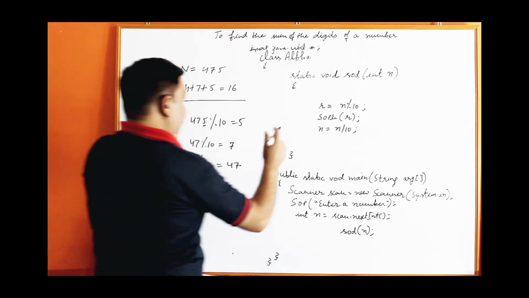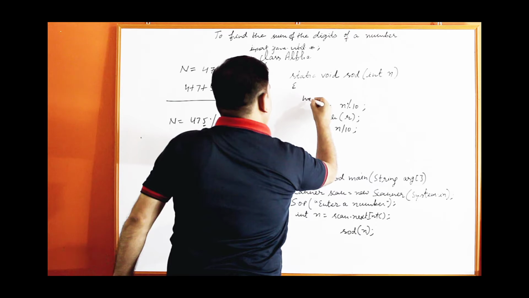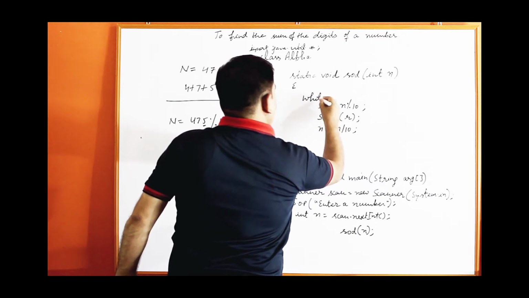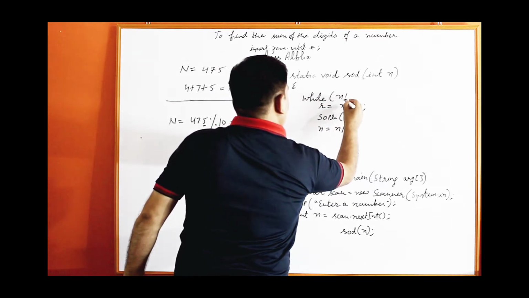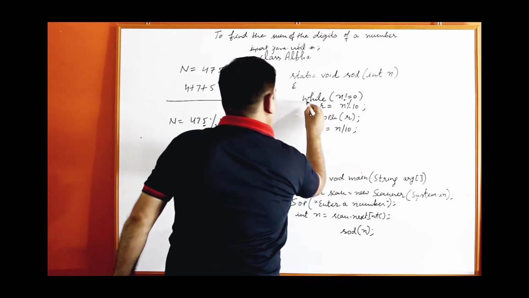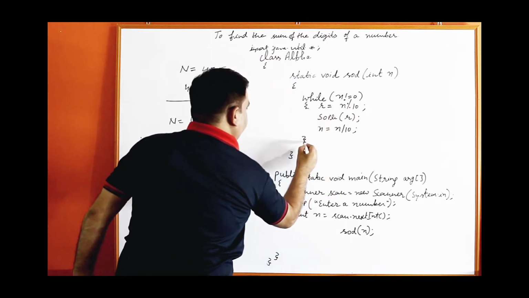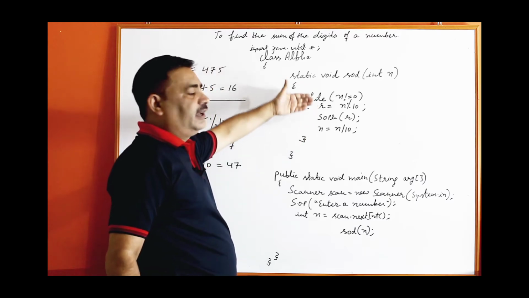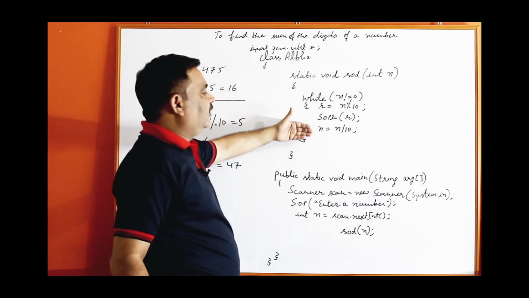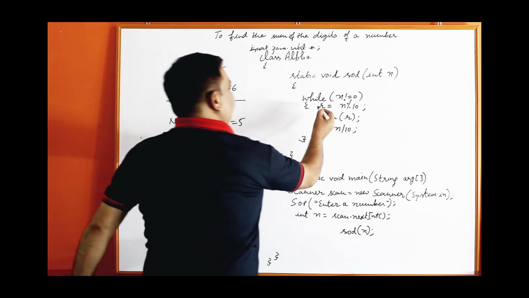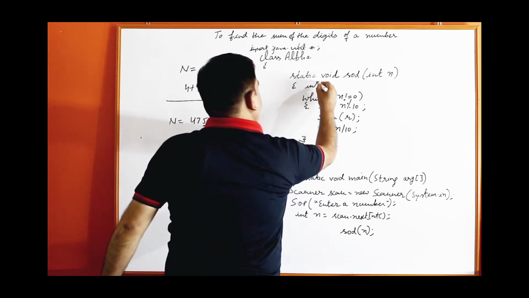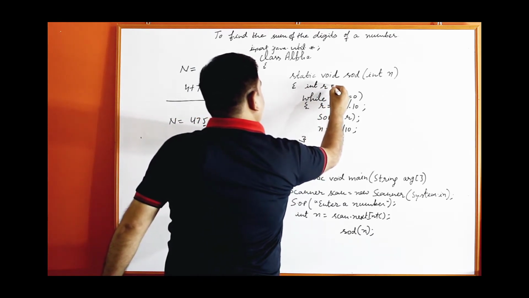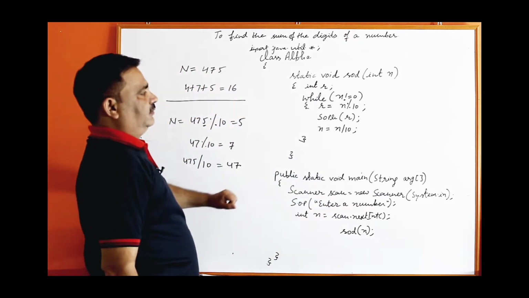So, the same condition I am putting: while n not equal to 0. It means I am making the loop, because these statements we have to repeat again and again till n is equal to 0. And one variable r we have used, so it is a must to declare the variable r.